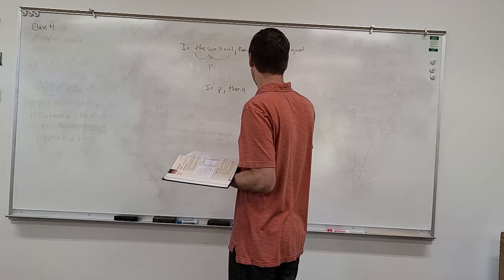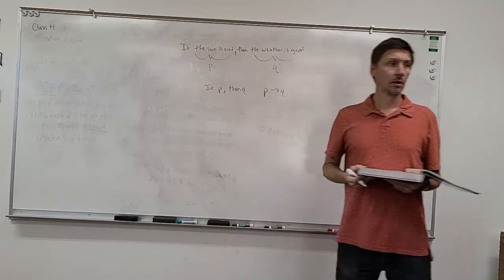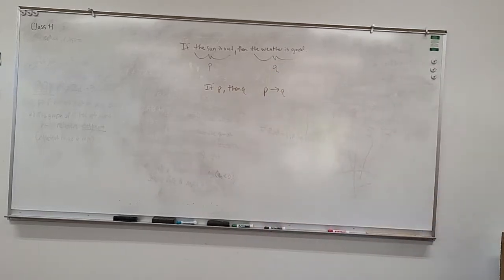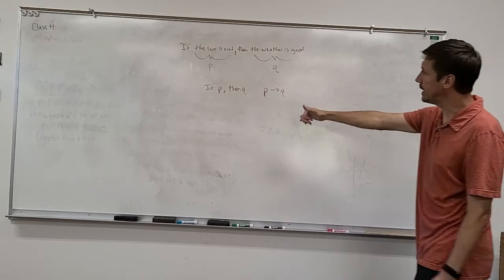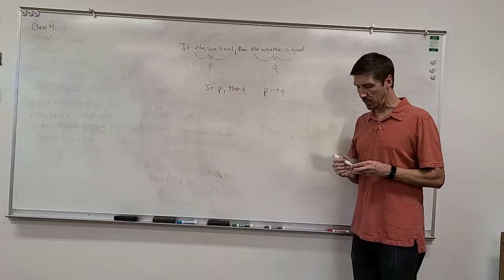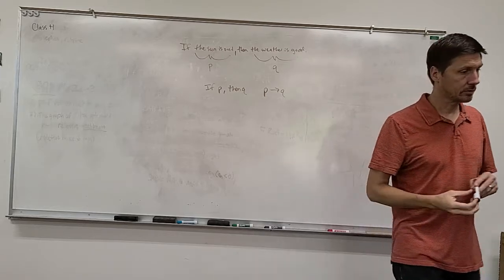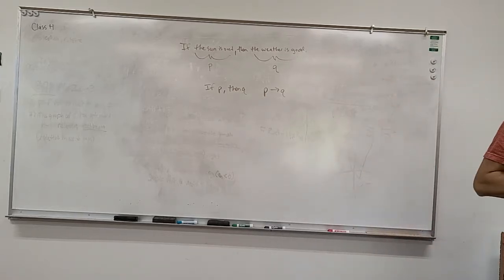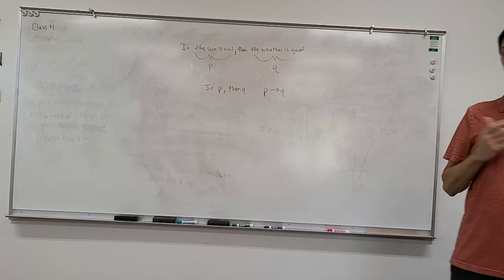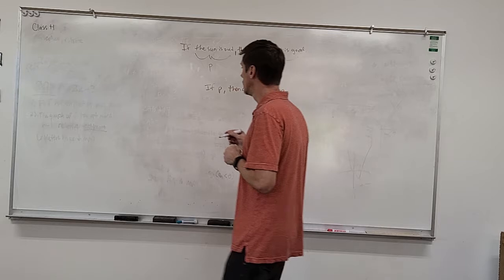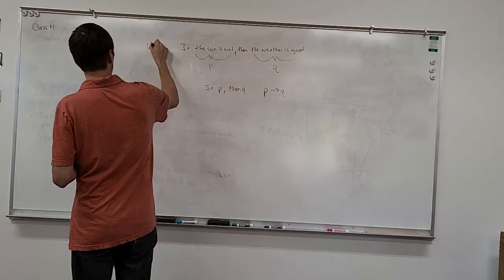I want to make sure you understand this notation. If you see P with an arrow pointing to Q, then you know that translates to if P, then Q. Okay? And so then if we're using symbols, this is our original conditional statement.